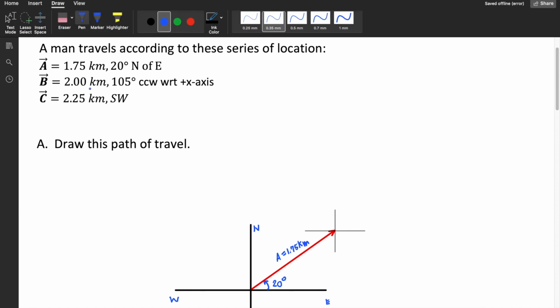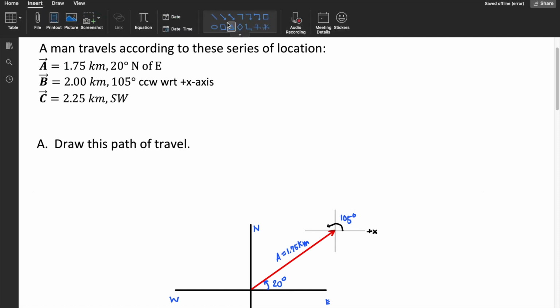Its magnitude is 2 kilometers, and its direction is 105 degrees counterclockwise with respect to the positive x-axis. Take note that this one is its positive x-axis. Counterclockwise from the positive x-axis, you'll measure 105 degrees, and its magnitude is simply 2 kilometers.